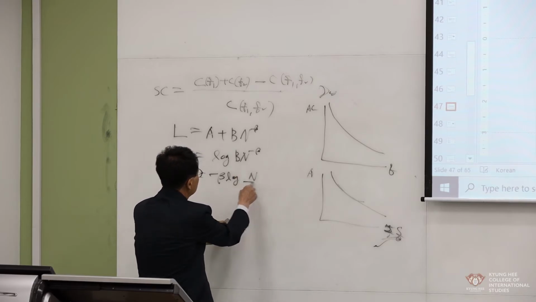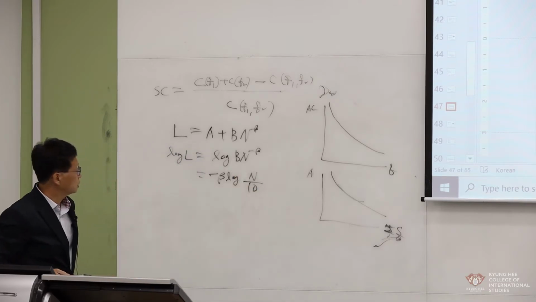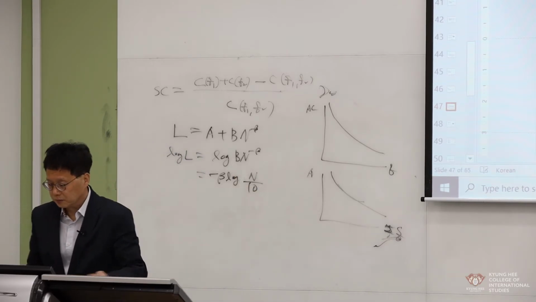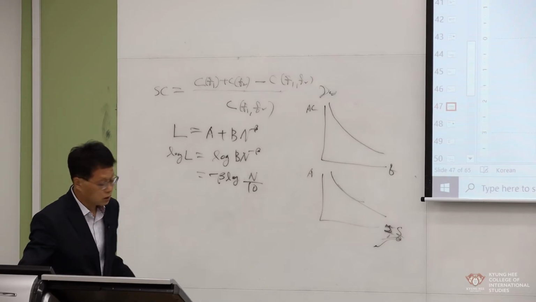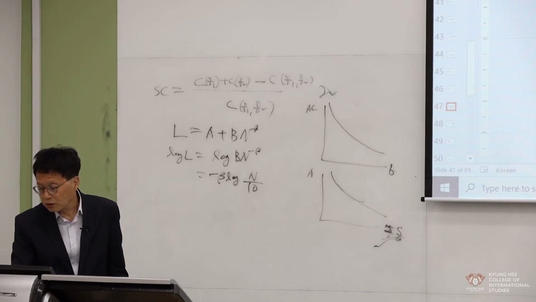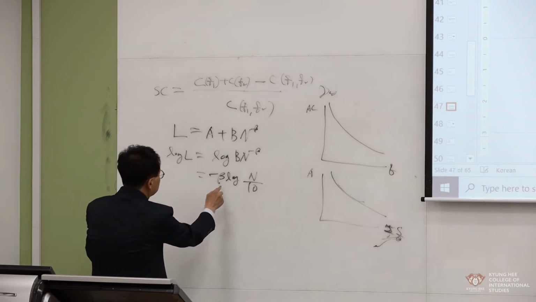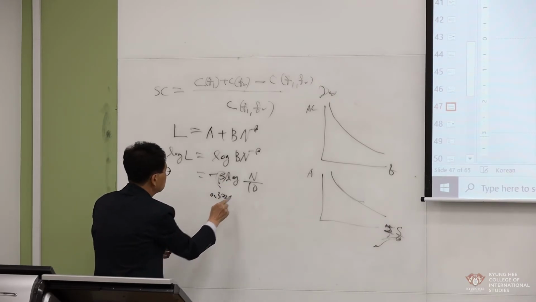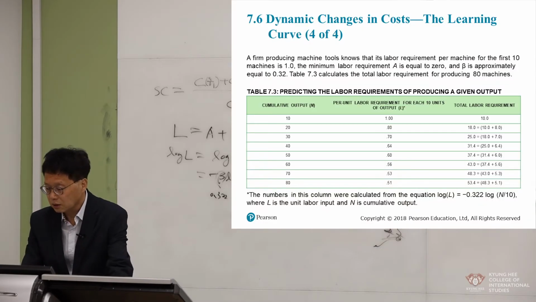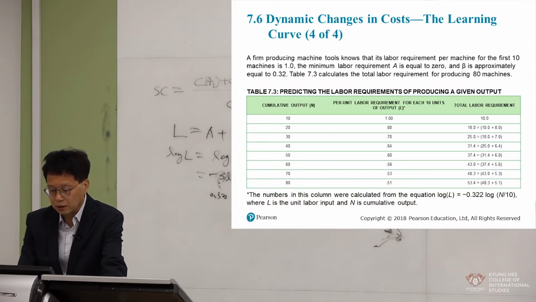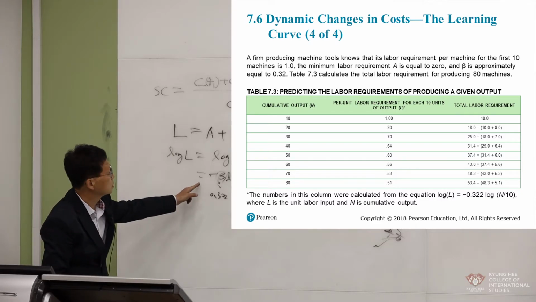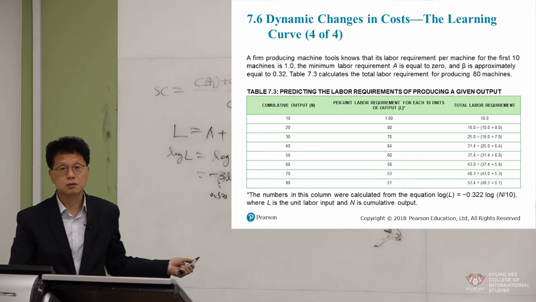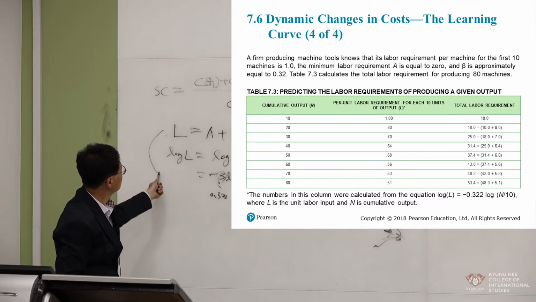Then we can say like this, right? Then here log L, beta is 0.322, like this, right? Log n over 10, where L is the unit labor input and n is cumulative output. This is the curve, right? Starting from here in the earlier section.